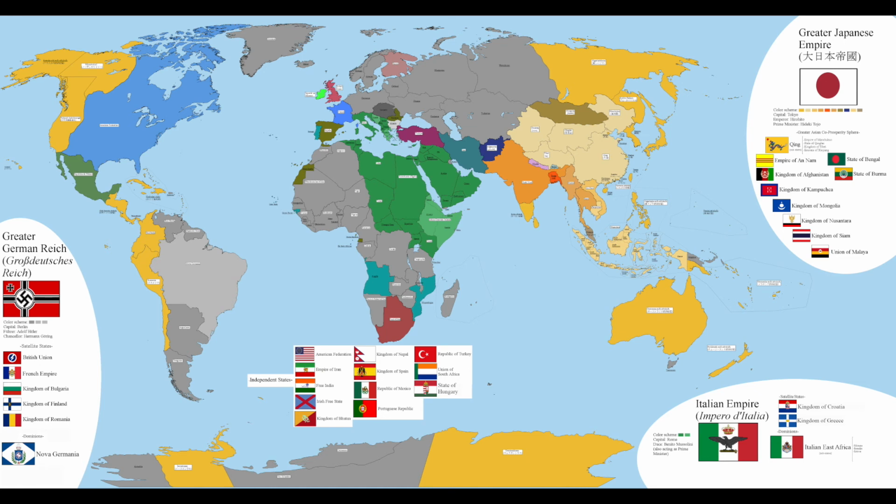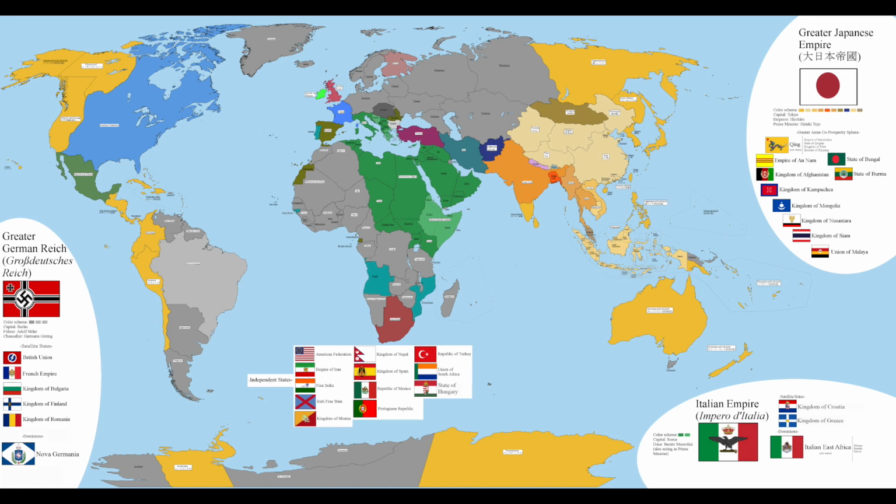It makes absolutely no sense, but this map has Japan taking over much of Western Canada and the west coast of the United States. How about, who is that? Is that the Empire of Italy taking over Mexico? That's amazing. This is a crazy world map, man.